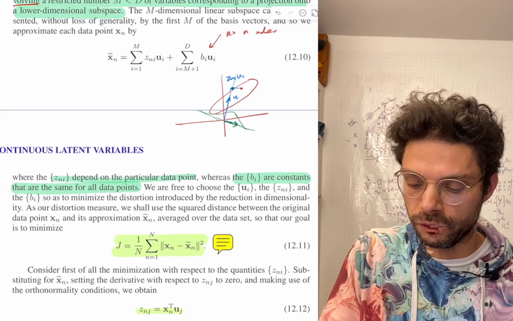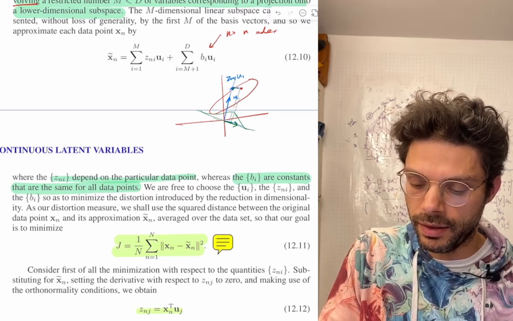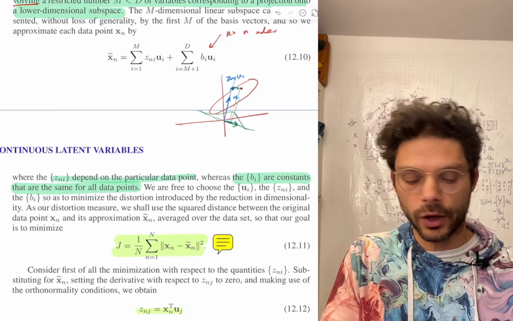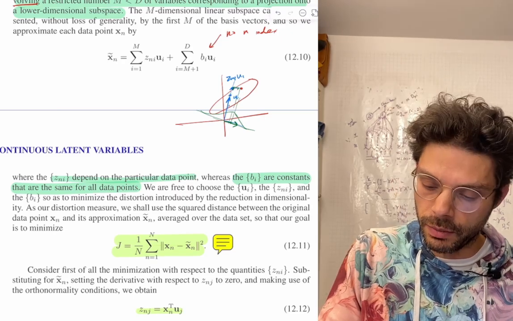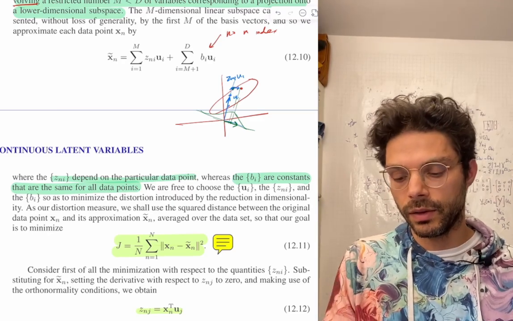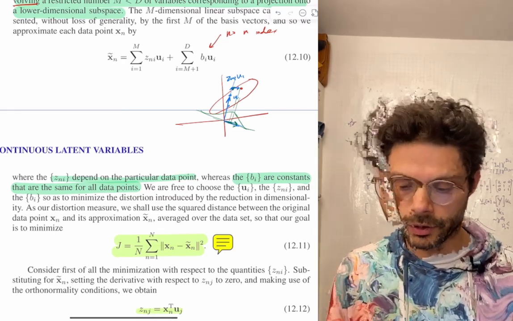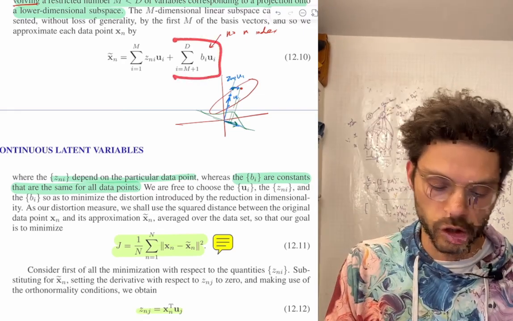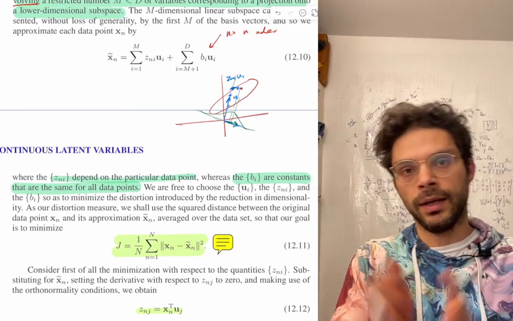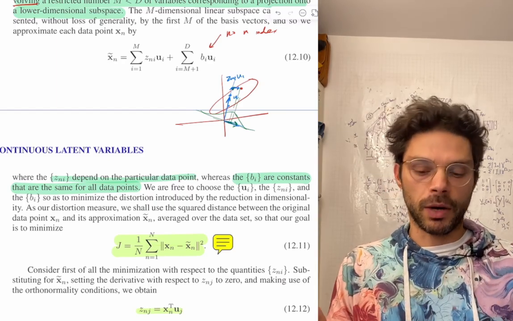So we're going to take this data point and shift it by some amount in that direction, and everyone is going to receive the same shift. So the projections along this direction are going to be different, but everyone is going to be shifted some constant amount along the perpendicular direction. And there could be, of course, many perpendicular directions. So this is going to be a point in the space that you're not using, the leftover part of the space.